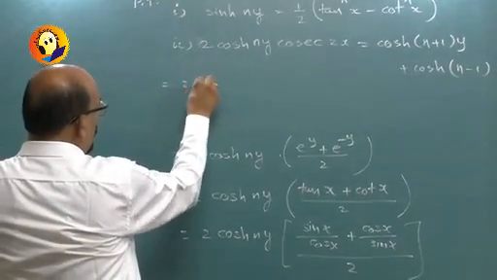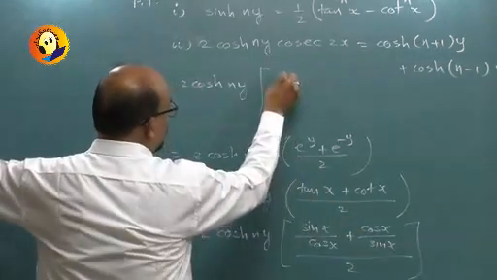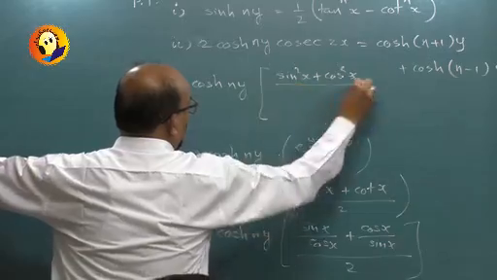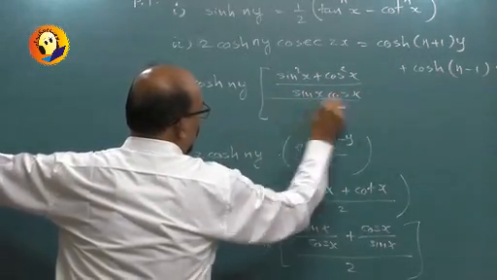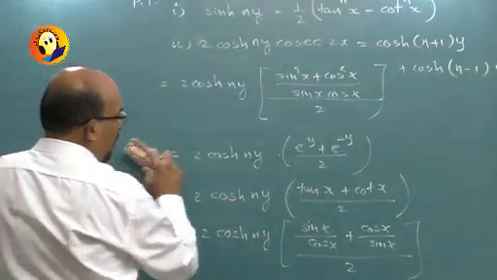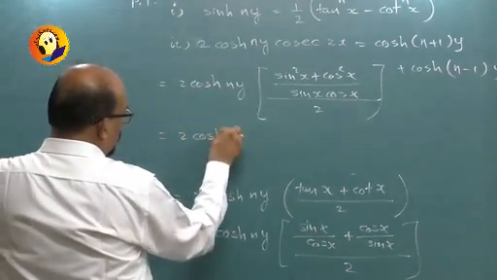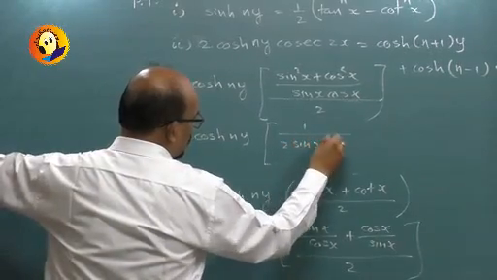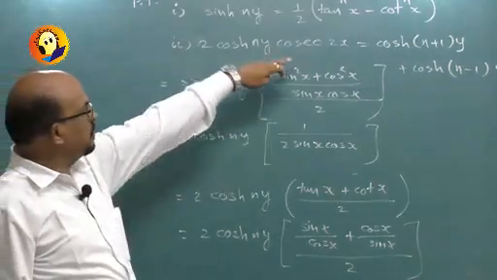Which will be 2 cosh ny into bracket, when you cross multiply it will be sin square x plus cos square x upon sin x cos x upon 2, which is nothing but 2 cosh ny, 1 upon 2 sin x cos x, which is 1 upon sin 2x, which is cosec 2x.